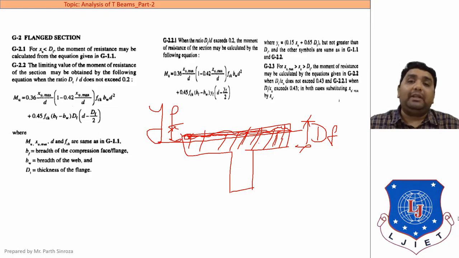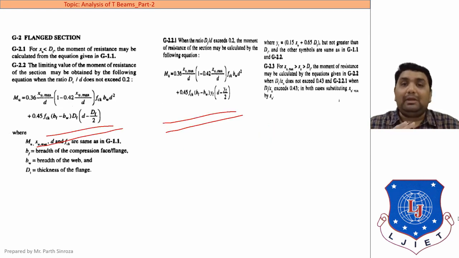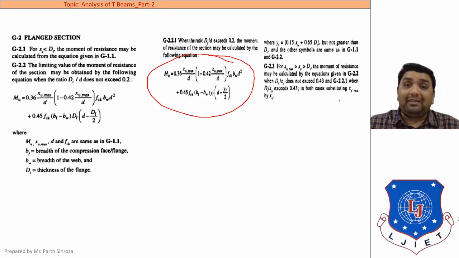It does not pertain to every sum; it depends upon what data is given. So this is the distance YF. YF will always be less than the value DF. So when to use YF and when to use DF is to be predetermined by you. In this case, we will be using YF, and its equation is given in the IS code.